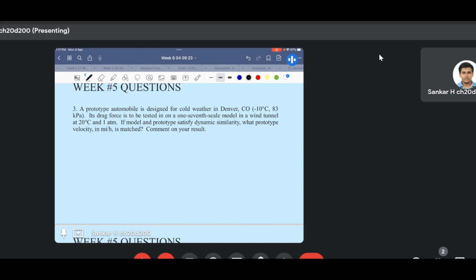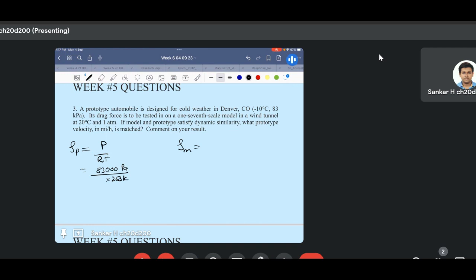So here what I am trying to find out is very similar. The only difference here is finding out the density of the prototype and the model, which is obtained from the ideal gas law, given as P by RT. The prototype is designed for cold weather in Denver, which is minus 10 degrees Celsius at 83 kilopascal, which is 83,000 pascal, and the temperature is 263 Kelvin. What is the value of R?